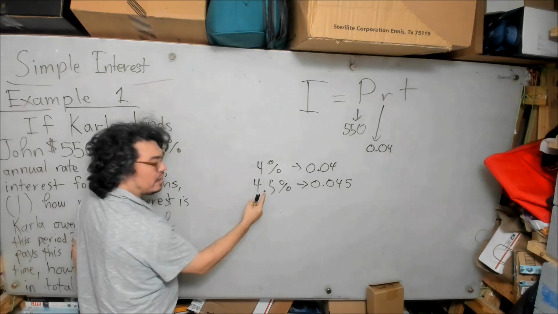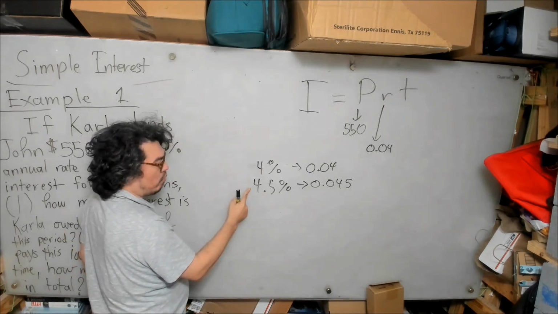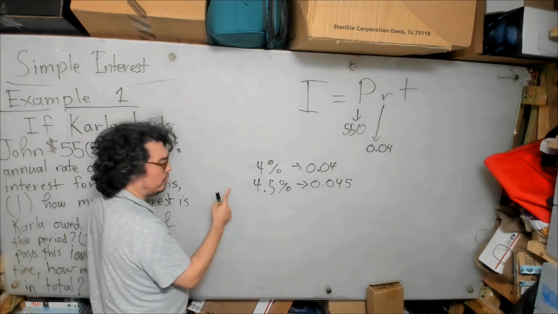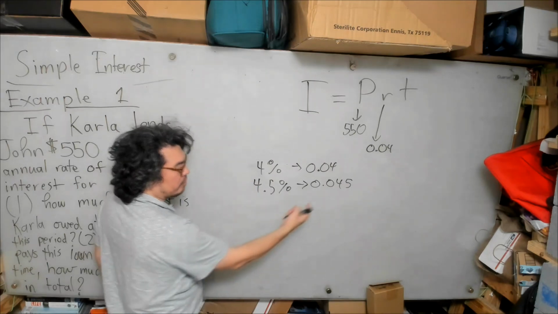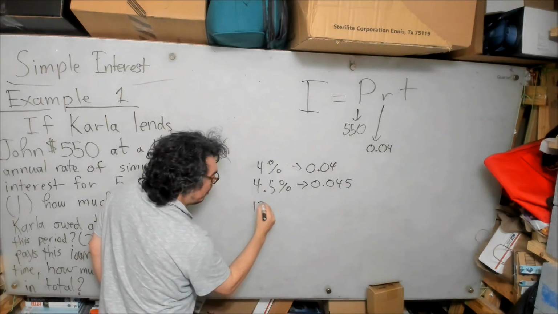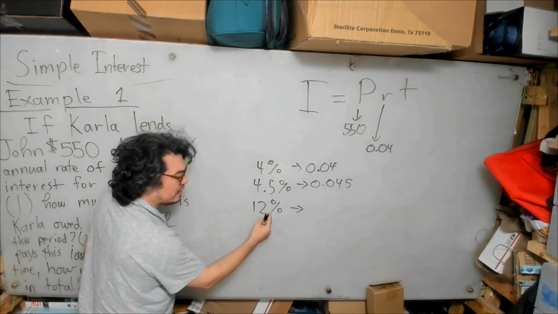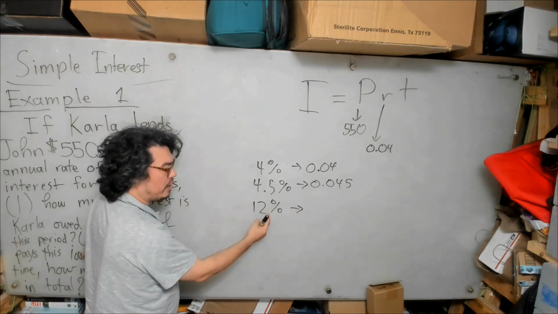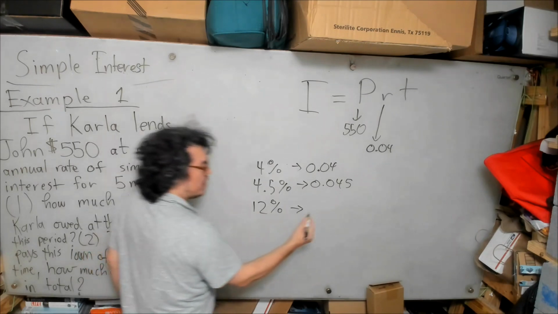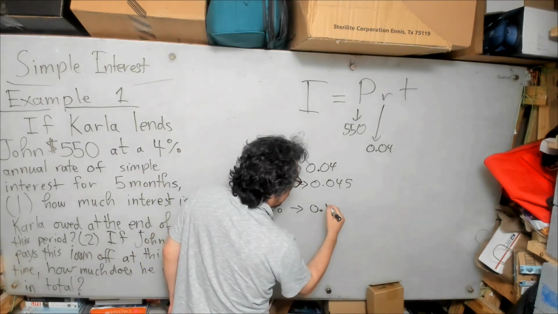Because again, I would take this decimal place and I would move it twice to the left. 1, 2. And I would have to put a 0 there. What if it was 12% simple interest? Then, moving the decimal place that is not written here, but which we know to be here, twice to the left, we would get 0.12.